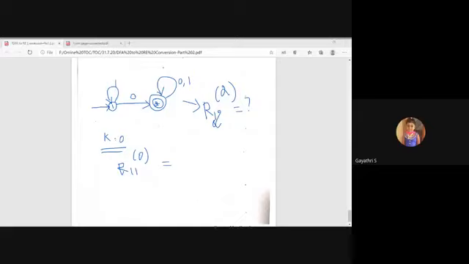R11 means self state, so coming to the category of I equal to J. So what is the output of R11 of 0? Epsilon plus 1. Good. Okay. Which means epsilon plus 1.